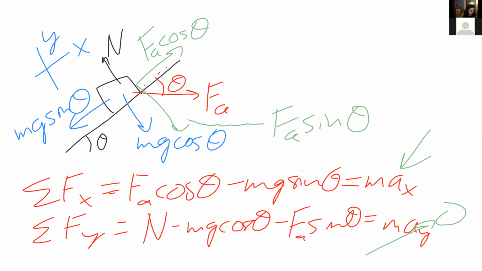They could angle your forces any which way, and indeed there was one on an old exam where you had a block on an incline like this, and there was a force applied downward and a force applied upward. Maybe the arrows touching the box make it kind of difficult.